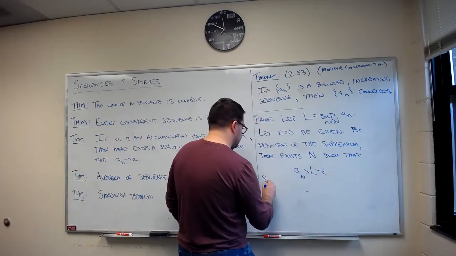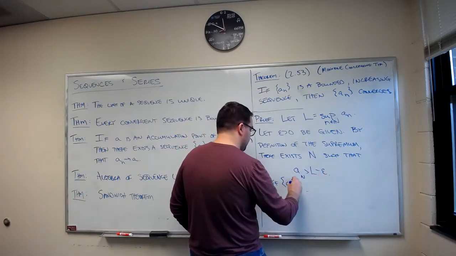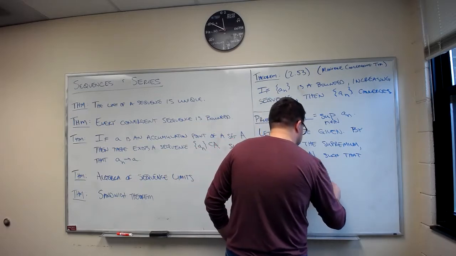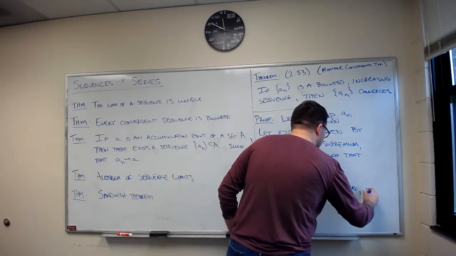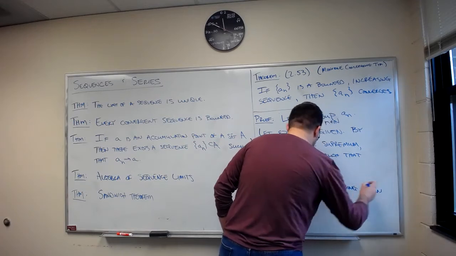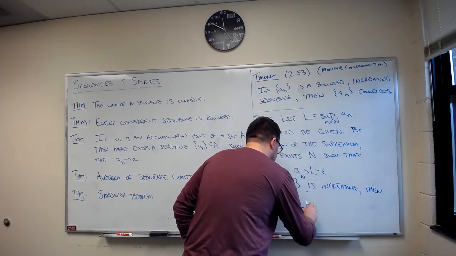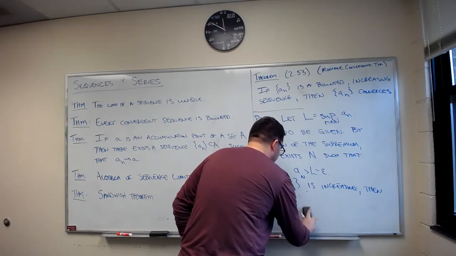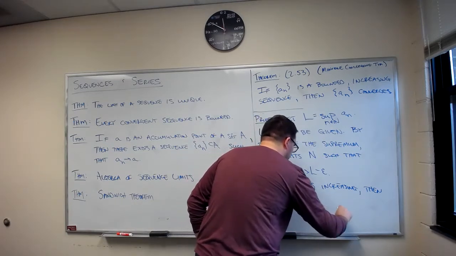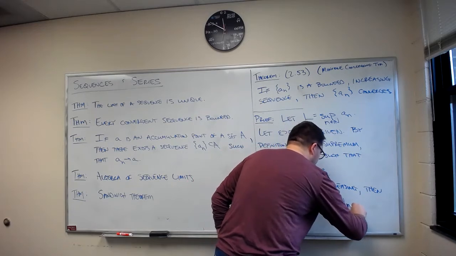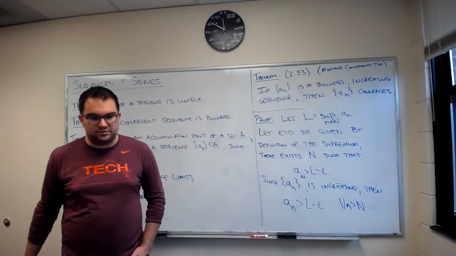So since a sub n is increasing, then a sub n is greater than L minus epsilon for every little n greater than capital N as well, right?